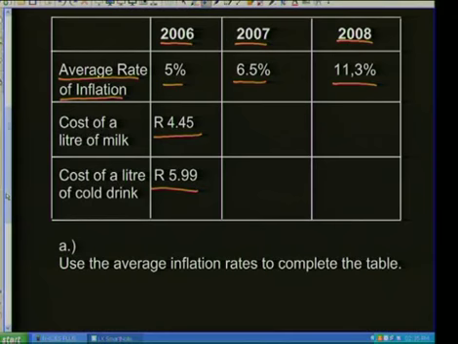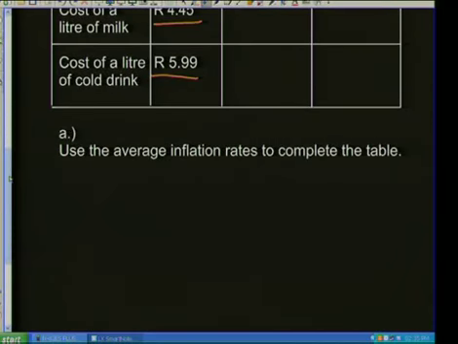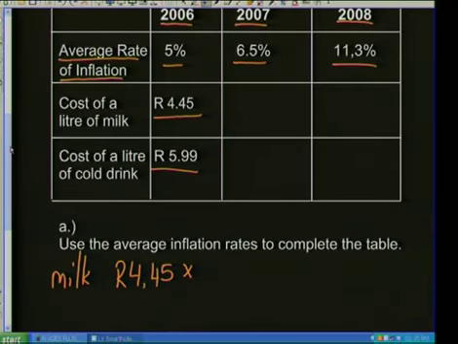Right, so we are working out 2007, and this is where I said we need to break it down bit by bit. So let's do milk first. We are paying R4.45, and it is increased by 6.5%. So I'm going to say times by 106.5% to get my final value.